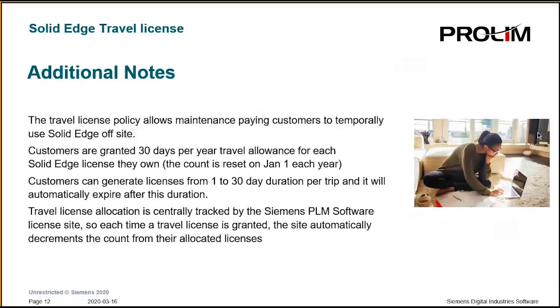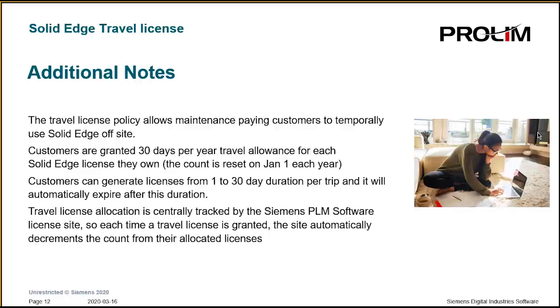Some additional notes that pertain to travel licenses. The travel license policy allows maintenance paying customers to temporarily use Solid Edge off-site, as we discussed earlier, if you travel or even if you work at home. Usually customers are granted 30 days per year travel allowance for each Solid Edge license they own. And the count gets reset on January 1st of each calendar year.